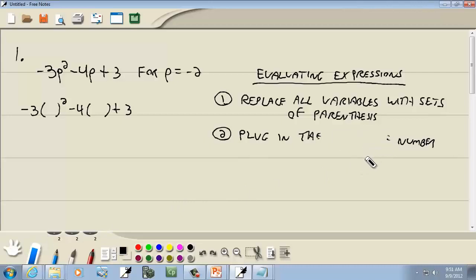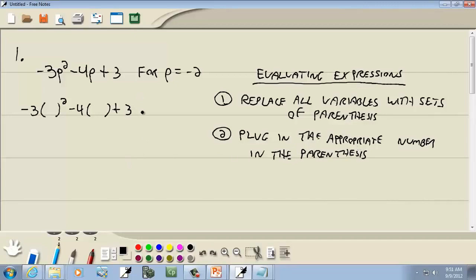Okay, appropriate number. Plug in an appropriate number in the parentheses. I think in 6th grade I was like a spelling bee champion or something like that.